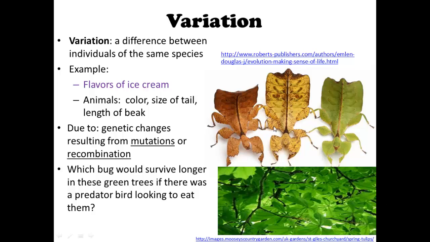If you look at these here, which one of these three would you think would survive longer in this tree? Good. This green one here would probably survive longer because he would hide better, kind of like a camouflage. He would hide better among the leaves than maybe this brown one or this yellow one. So that's an example of variation.